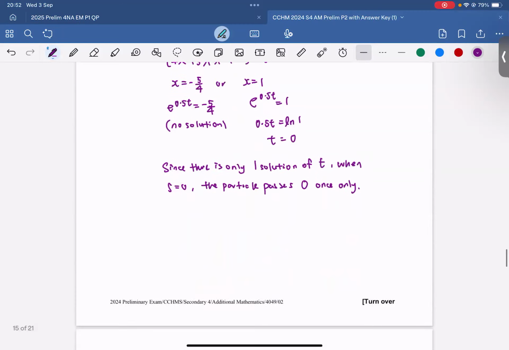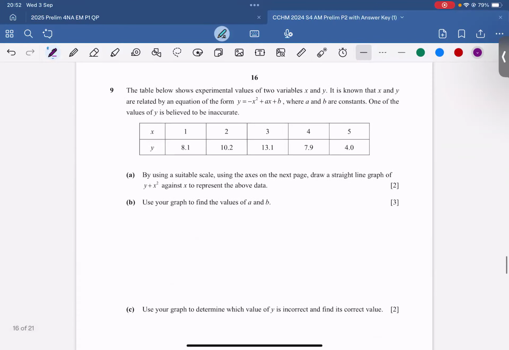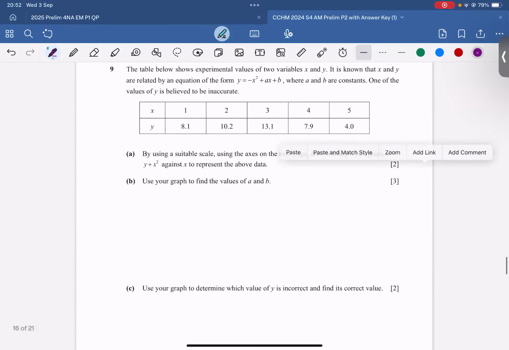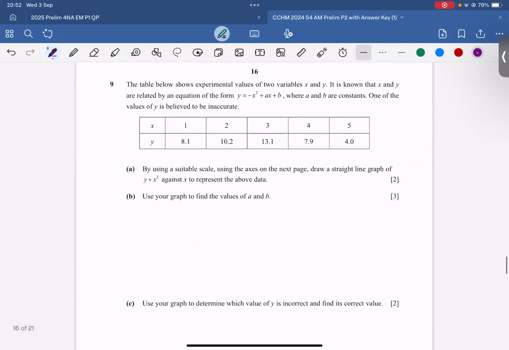Okay, next part. The table shows experimental values of two variables x and y. It is known that x and y are related by the equation formed by this. One value of y is believed to be inaccurate. So draw a line, this against this. So what you need to do, draw your table. This difficulty, they give you space, please draw at the space given. x, y plus x squared.